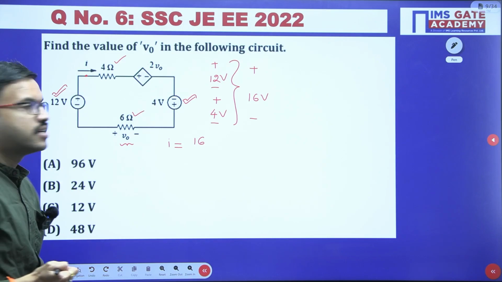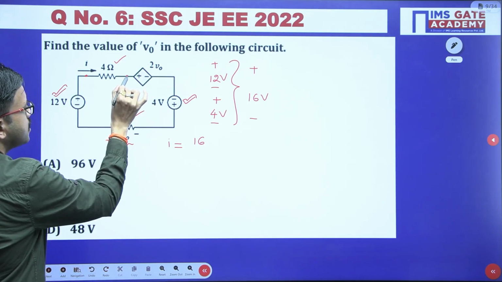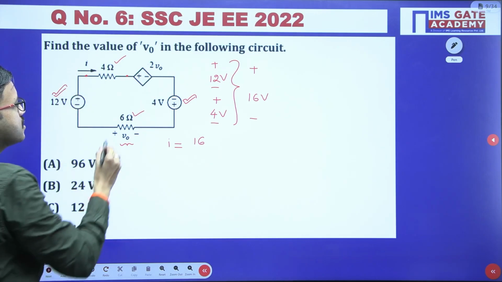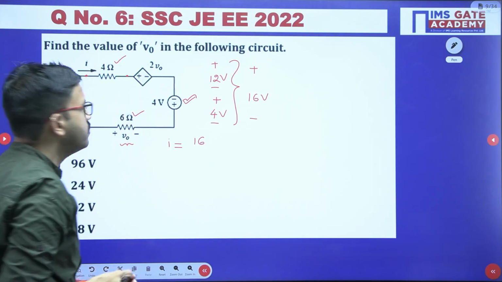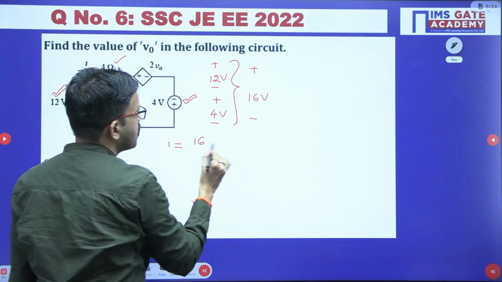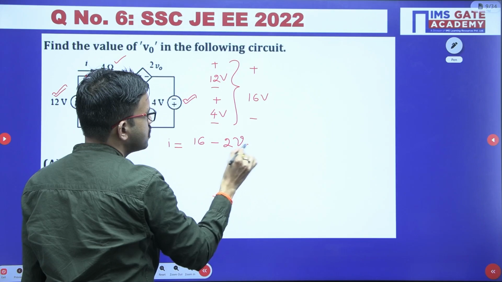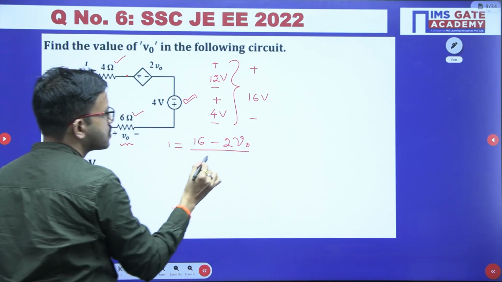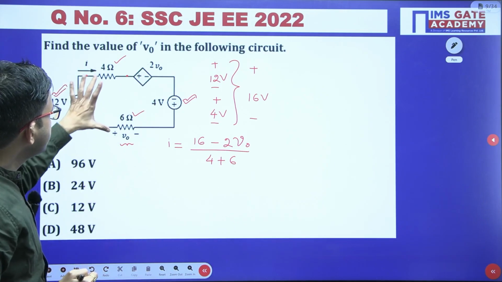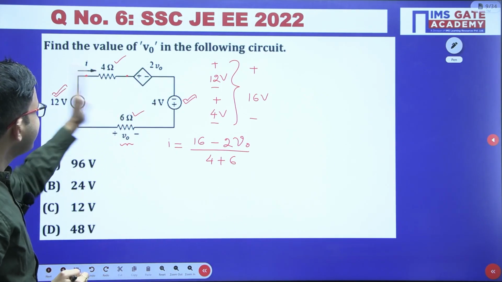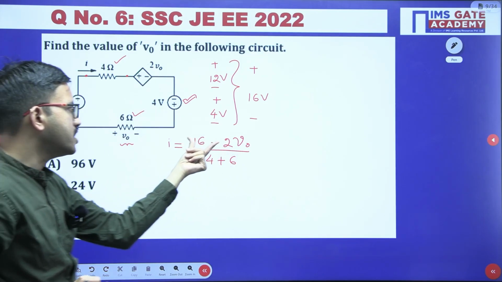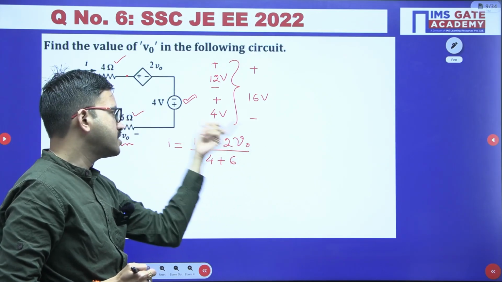Considering this 4 ohm and 6 ohm together as equivalent resistance 10 ohm, and on the other side you have this 2V0 voltage source. So 16 minus 2V0 divided by 4 plus 6. I hope all of you are getting the clarity. In series we can add the resistors, and one side you have this much voltage, other side this much voltage. So voltage difference divided by equivalent resistance is nothing but current.